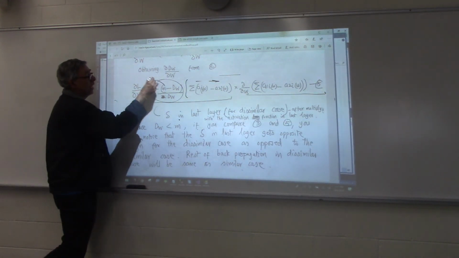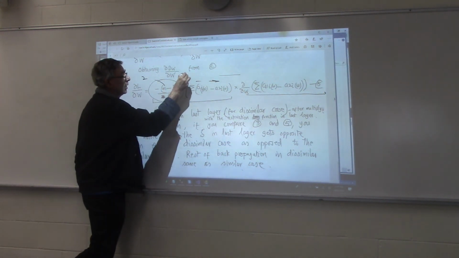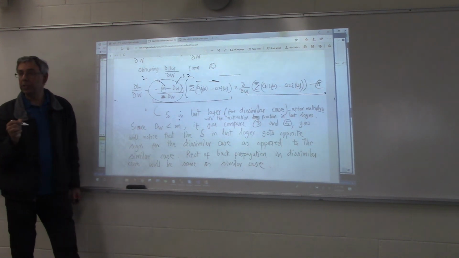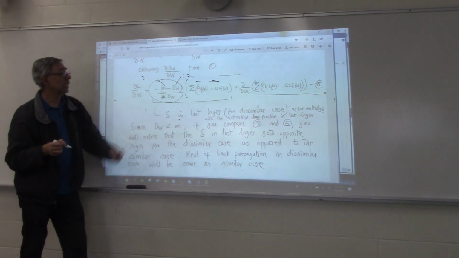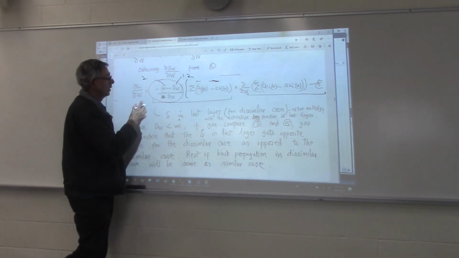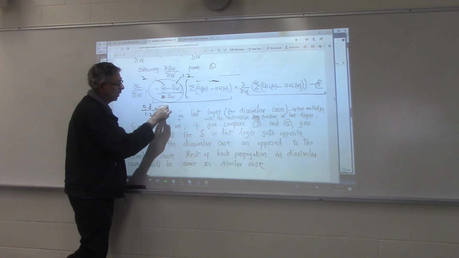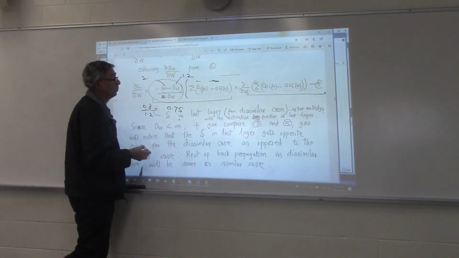If I pick M to be 2, let's pretend for a given set of dissimilar images, this came out to be 1.2. So what's the difference then? 0.8 divided by dW, 1.2. Whatever that number comes out to, 0.75 or whatever.